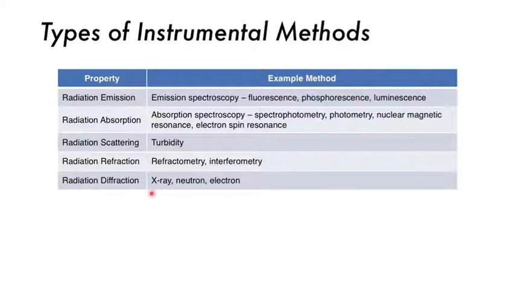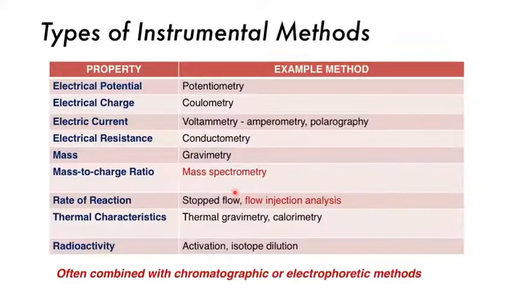So these are the different types of radiation interacting with the sample that we're passing through. X-rays interact with the electrons around an atom, neutrons interact directly with the nucleus, and electrons interact with the nucleus as well.